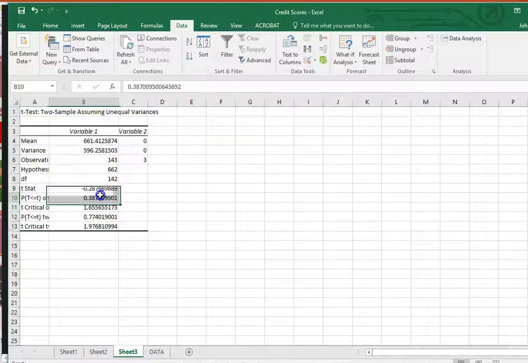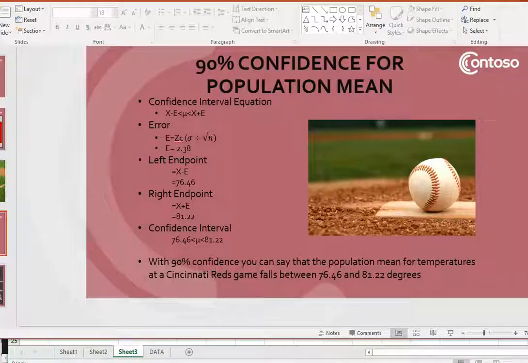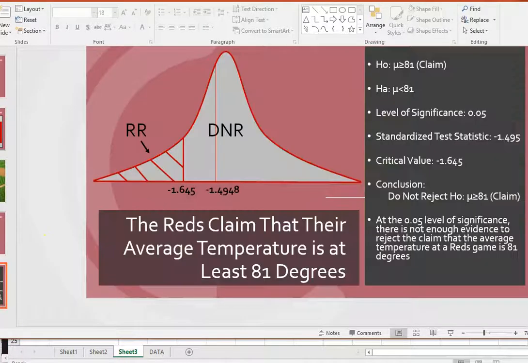It's a left-tail test, so right here is my critical value, 1.655 for the t-value. And it's a minus because it's a left-tail test. That falls in the do not reject zone. So this table gets us all the information that we need.